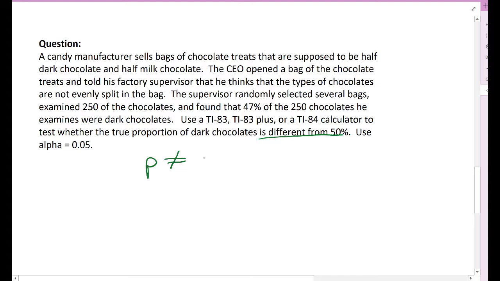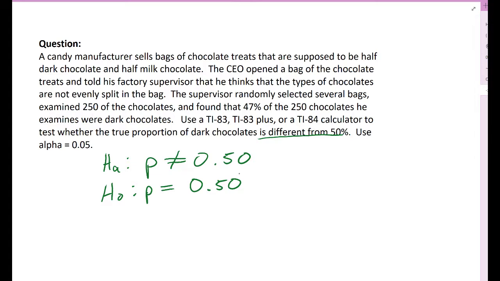Always, always write your percents as decimals, 0.50. This is our claim, which is the alternative hypothesis. So the null hypothesis is that the proportion of dark chocolates equals 50%. Okay. So we are testing proportions, so we're going to do a one prop z-test.